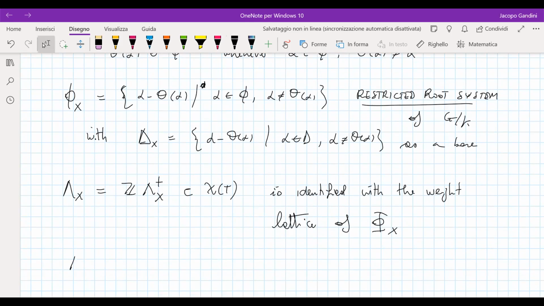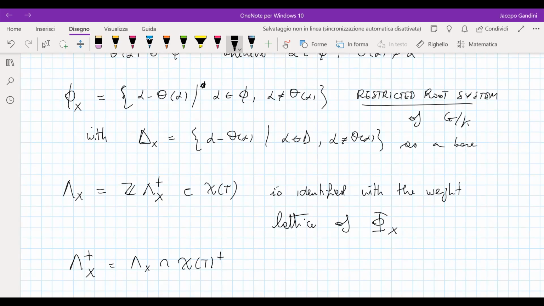And even more, if you look at the set of spherical weights, the weight monoid of before, this is equal to the intersection of the elements of this lattice with the dominant weights of the torus.